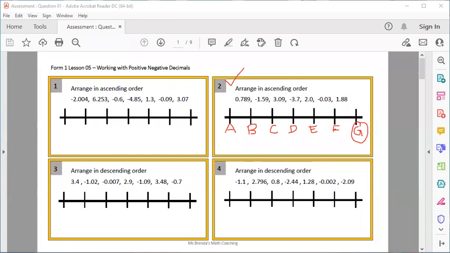Into chat. 3.09. Positive, positive, positive, positive. Why would we put 2, Tristan, when we have 3.09? Don't you think that 3.09 is the biggest and the furthest? So it would be furthest away from 0. So that's right, 3.09.